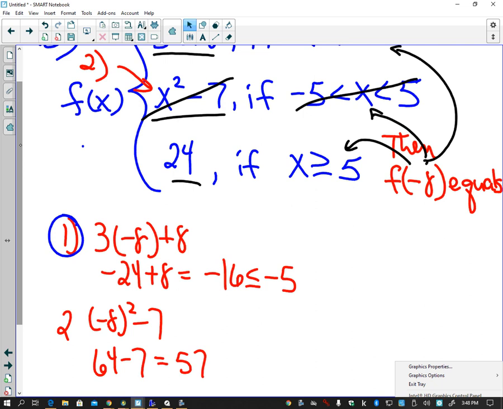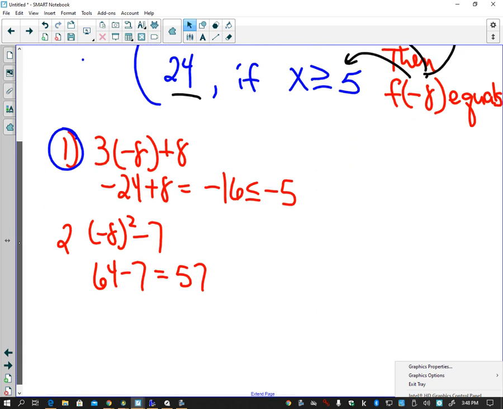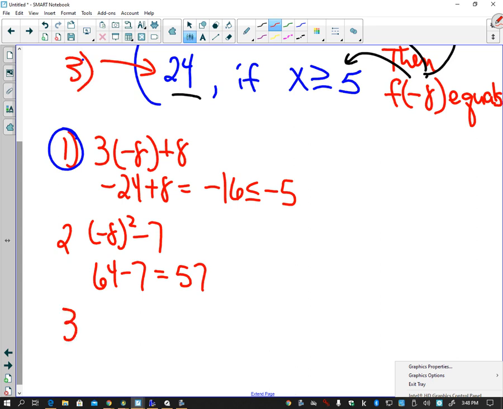Then we come down to our final part, part 3. So we do negative 8, and we just plug it in for x. Is that greater than or equal to 5? Well, no, it's not. So we don't use this or this.